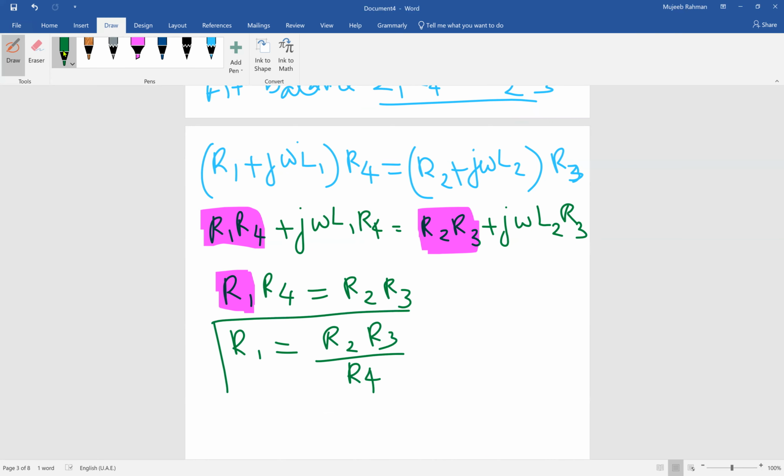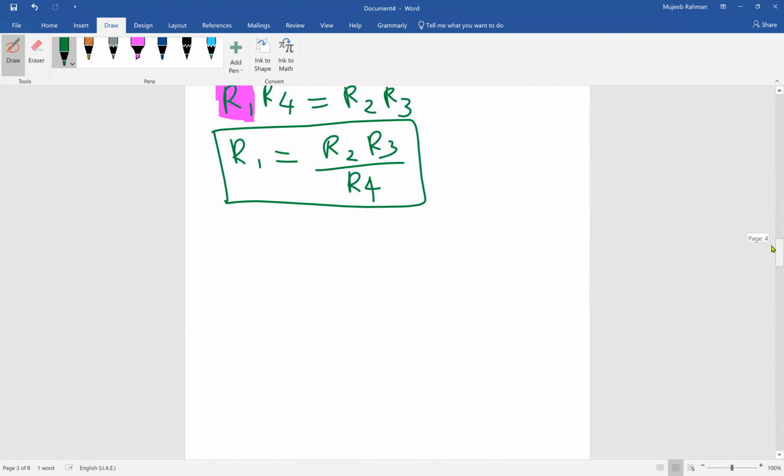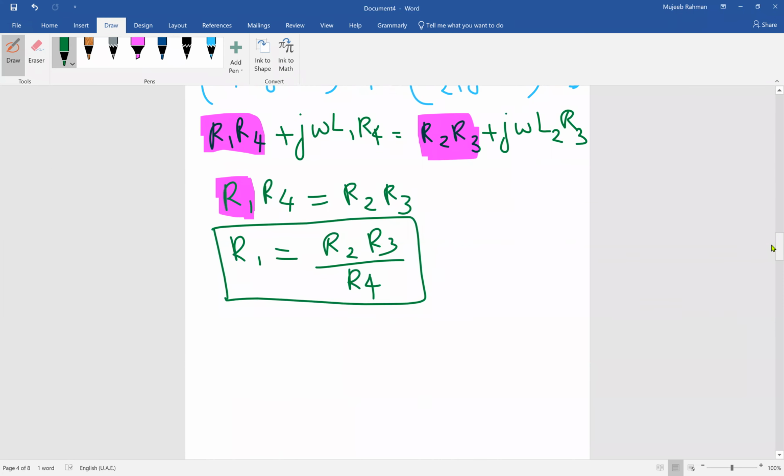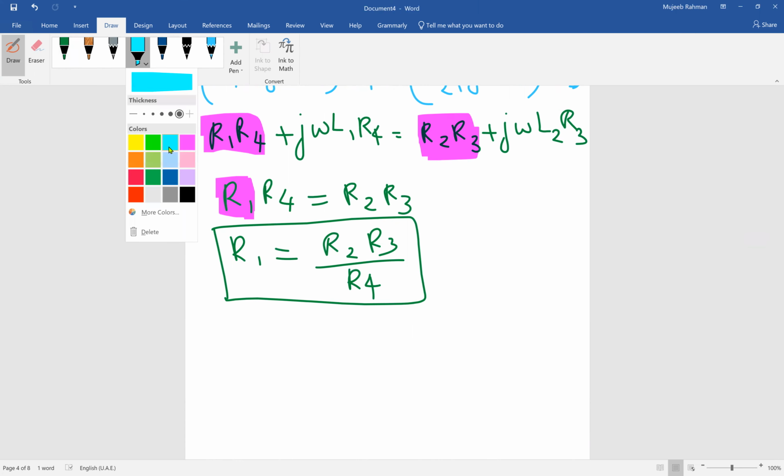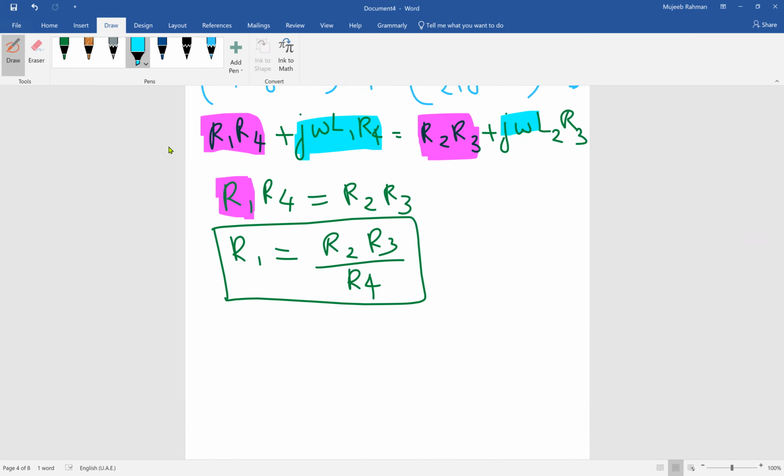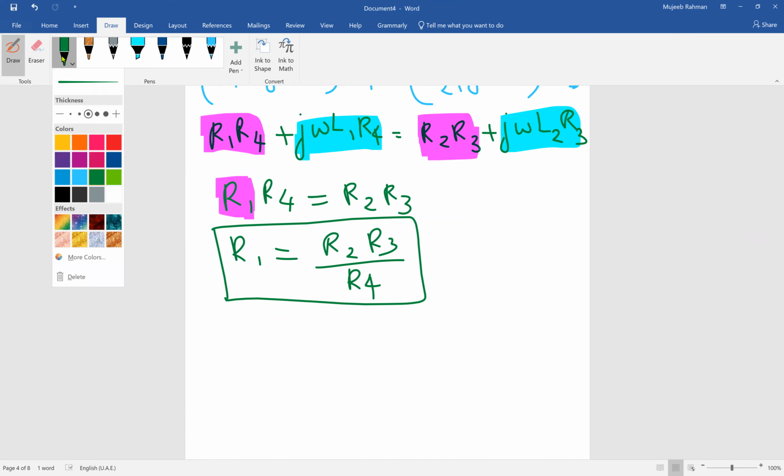This is the basic equation we are going to use to find R1. Then we have two imaginary terms here. These imaginary terms are this one and this one. If we equate these two, we will find the following values.